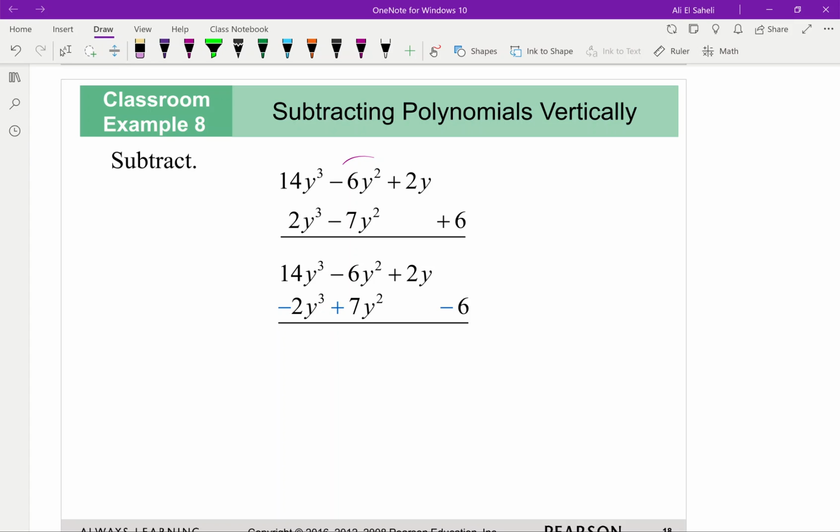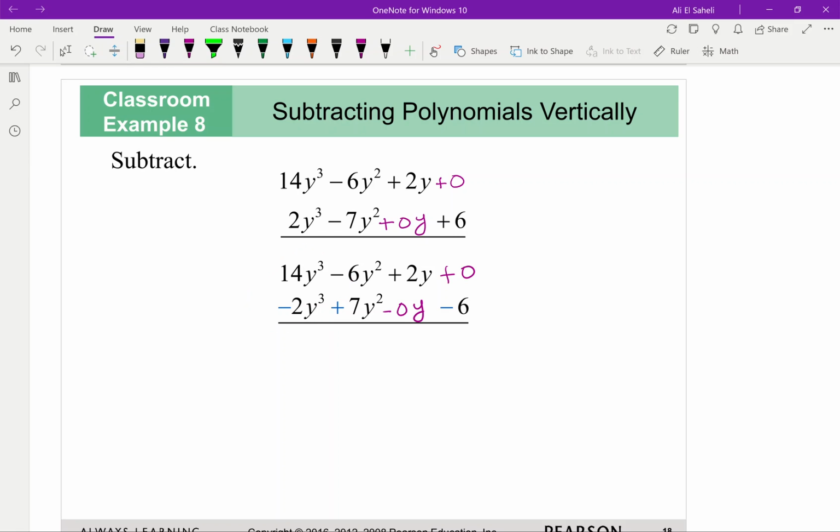So there is no y term here. So we say plus, if you like, plus 0y. And there is no constant term here. So we'd say plus 0. So this minus this. Here minus 0y is not going to make a difference. And here plus 0.